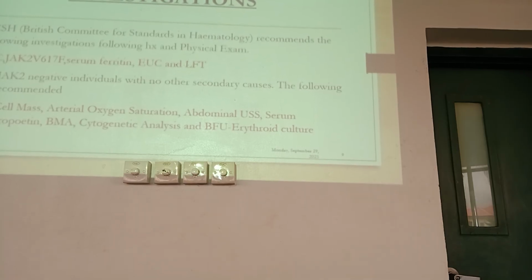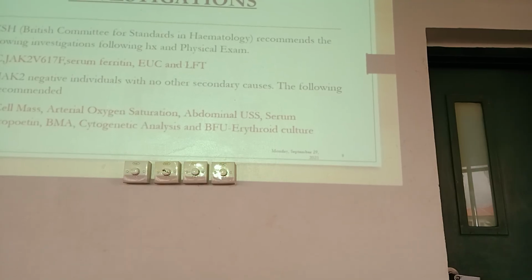If you can palpate the spleen, then it's a major criteria. And number 4 is evidence of abnormal clone of red cell. If you can prove that this red cell is malignant, abnormal form of red cell, that is number 4, which you may not be able to do in this part of the world.